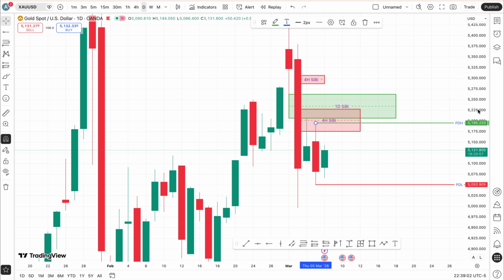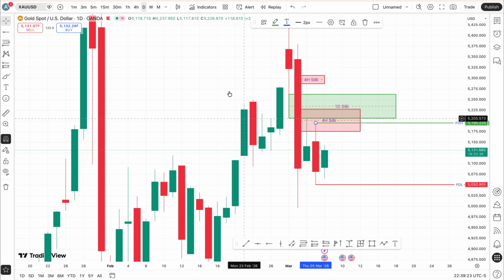If price is moving towards a daily imbalance, that zone can act as a magnet. The daily chart provides the broader context that helps us avoid overreacting to small intraday moves. As you can see, there is nothing here, the market moved within the range.